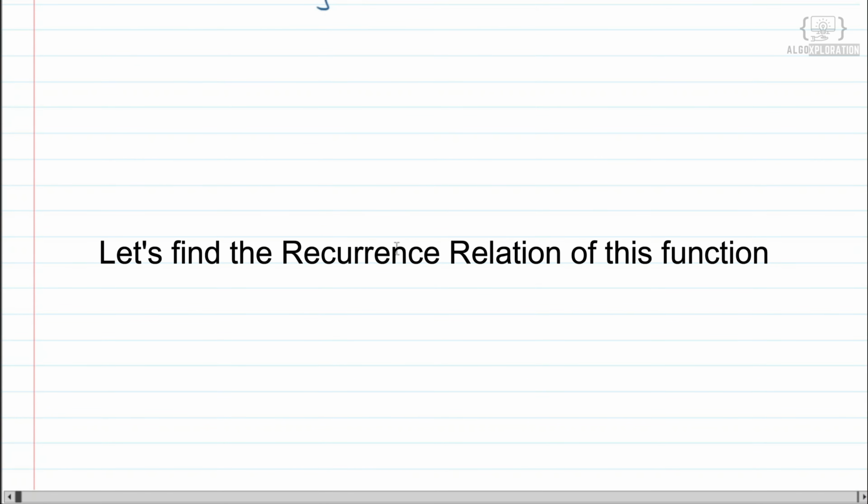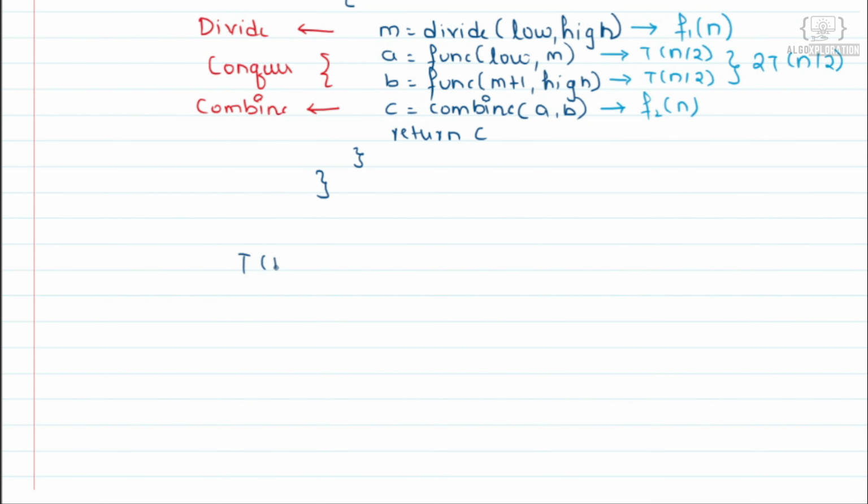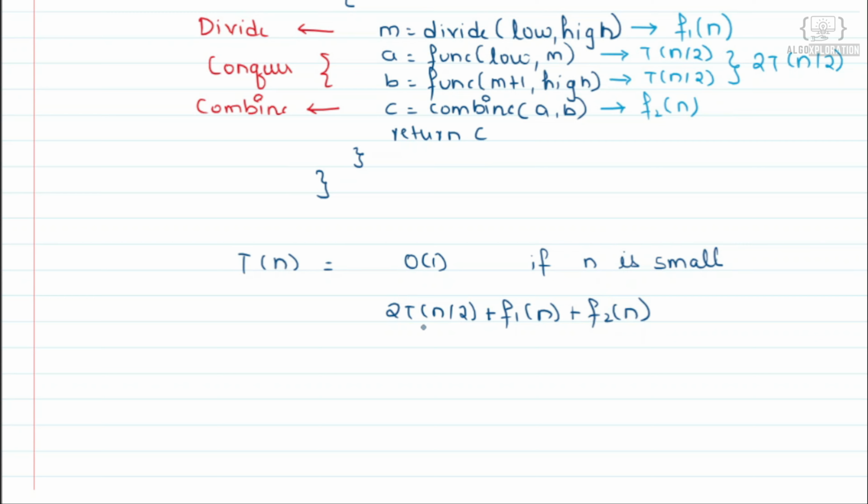Now, T of n equals order of 1 if the size of n is small, or 2T of n by 2 plus f1 of n plus f2 of n. This will be the size of the subproblem.